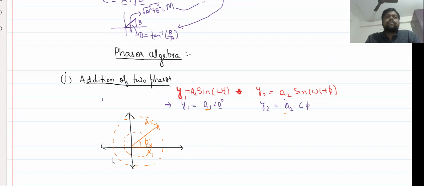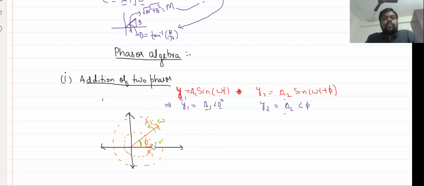These two vectors will be rotating, but omega is the same, so this is rotating with omega and that is also rotating with omega. That means every time they maintain a phase difference of phi.